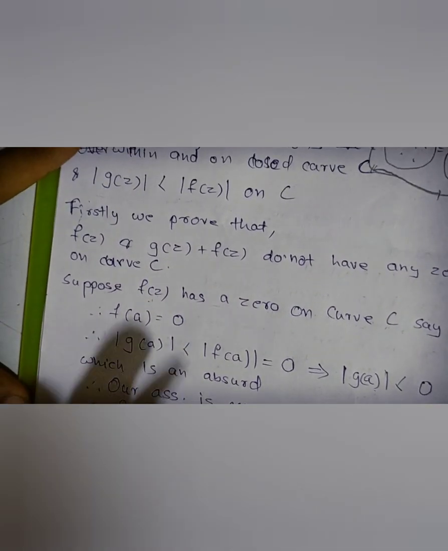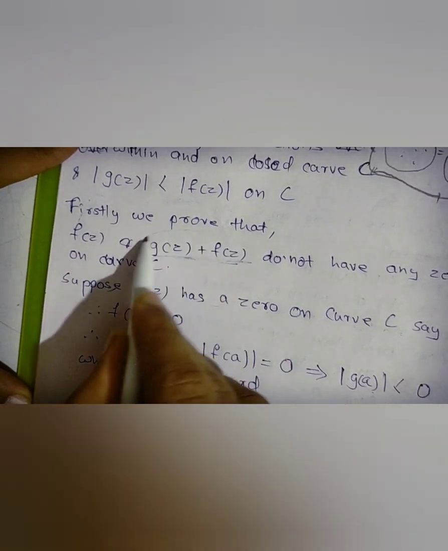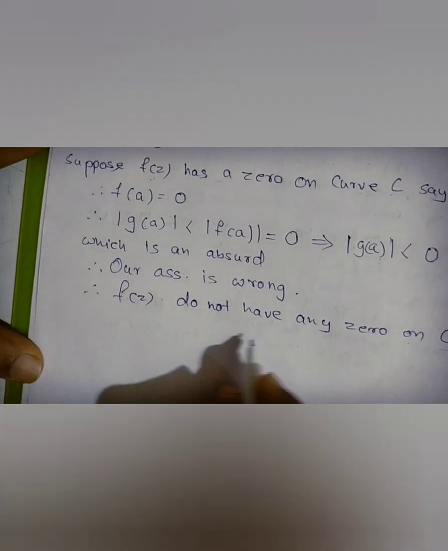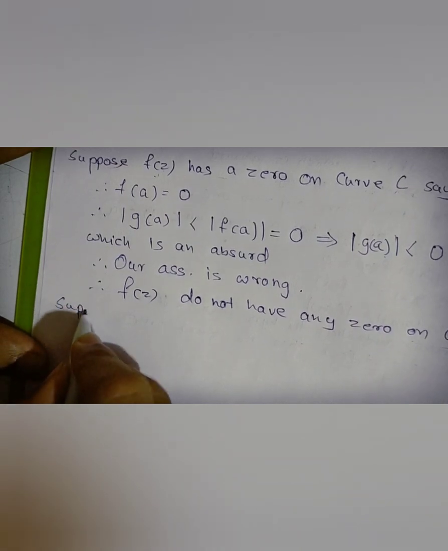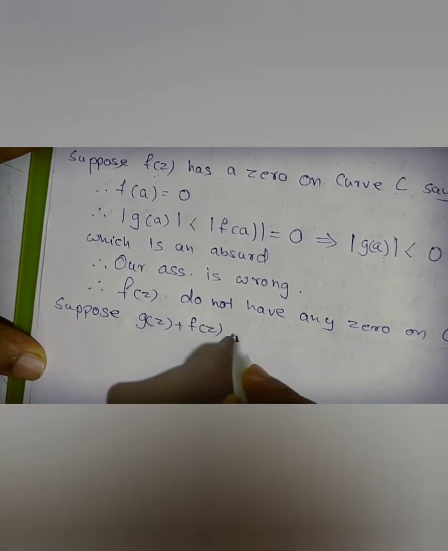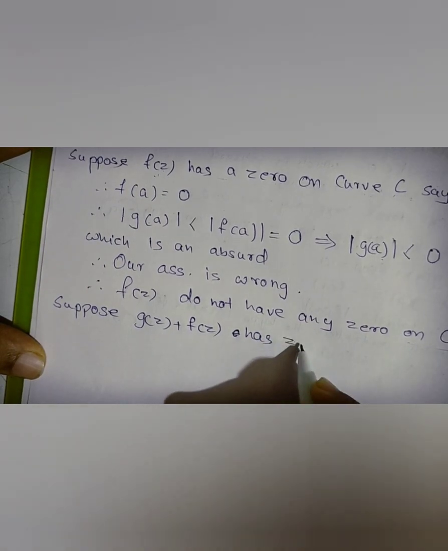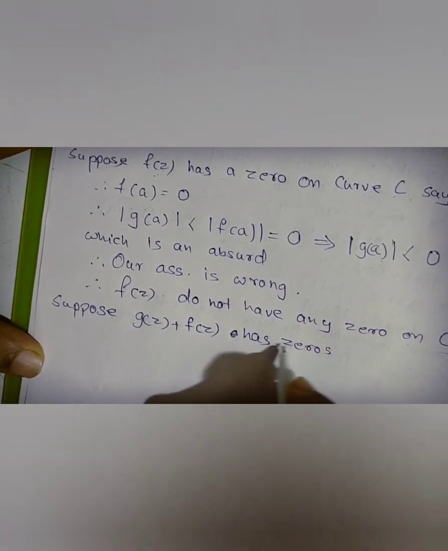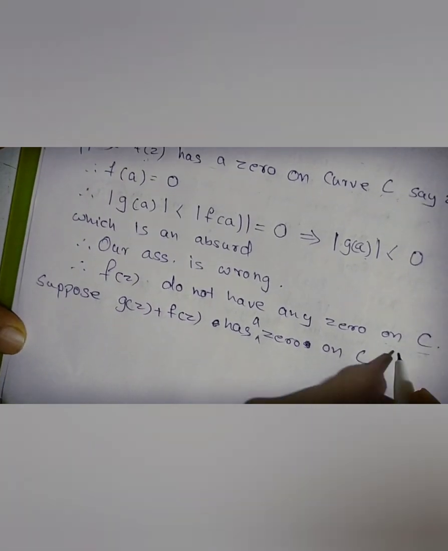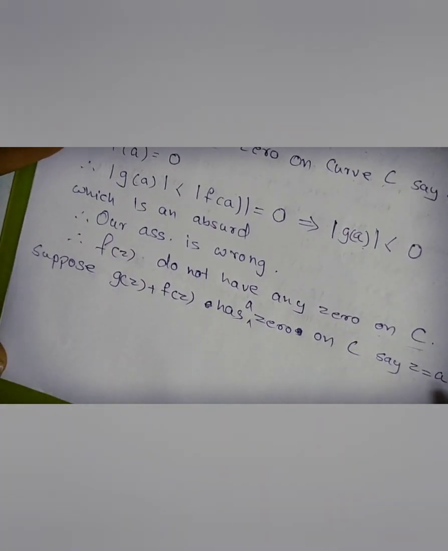So similarly, let's try to prove that the other function, g of z plus f of z, also does not have any 0 on this curve C. So on similar lines, let's assume g of z plus f of z has a 0 on C, and let's say it is z equal to a or z equal to b, anything you can take.